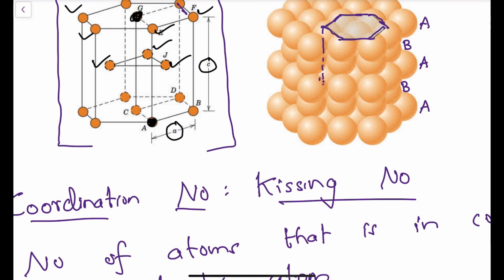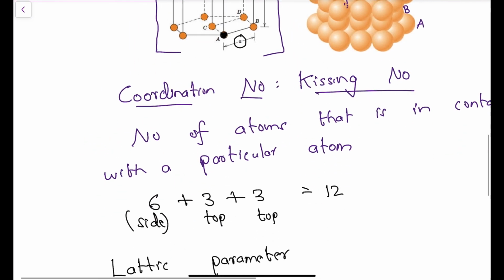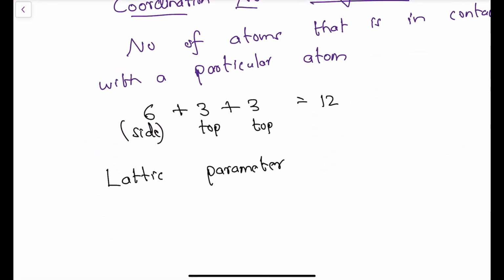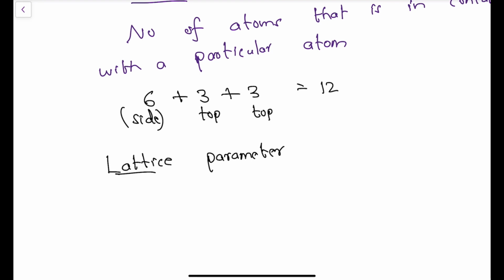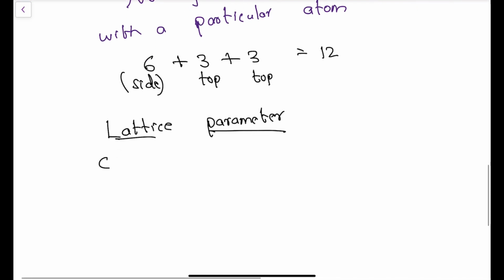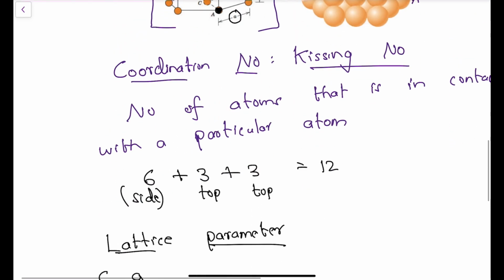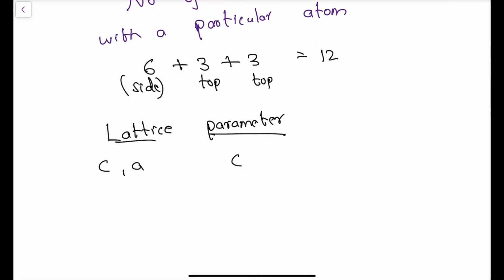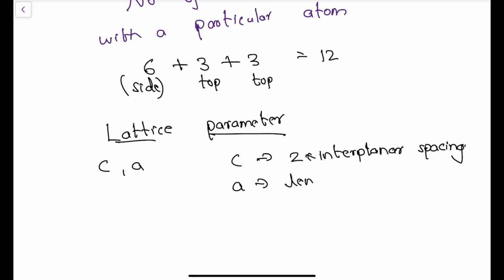So that is C. So lattice parameters are C and A. So C, you can see that it is twice the interplanar spacing, and A is the length of the side of the hexagon.